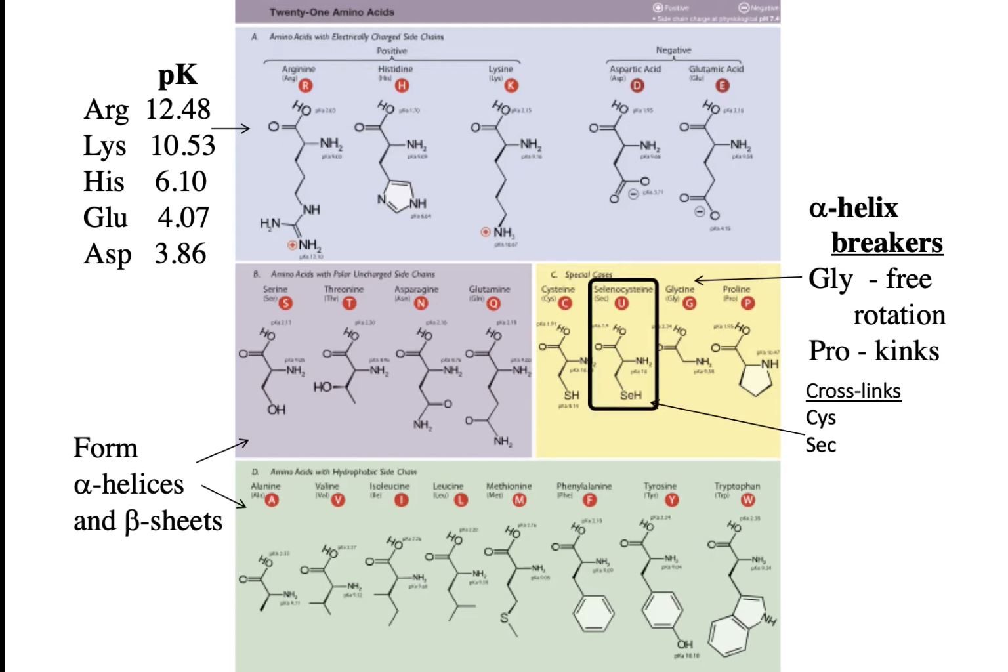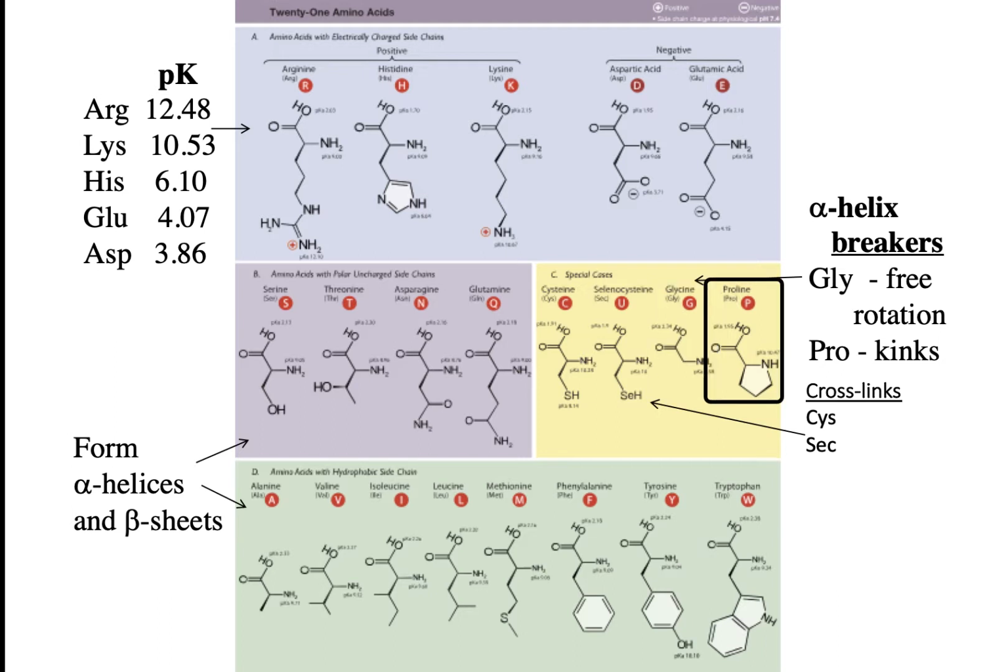This is selenocysteine. That's a special one that's in specific proteins, acts sort of like cysteine, but has special functions. Glycine has only hydrogen. That allows free rotation. It's pretty much a placeholder in the polypeptide chain of the proteins.